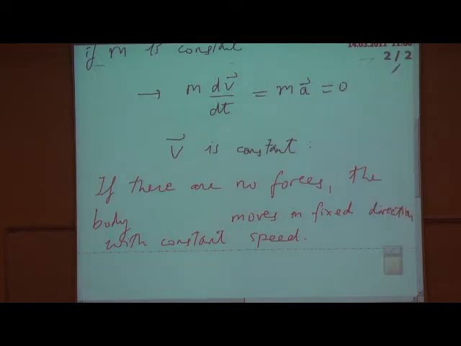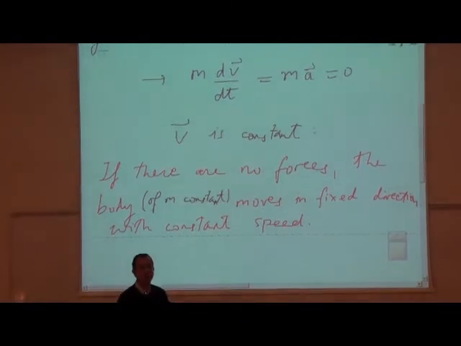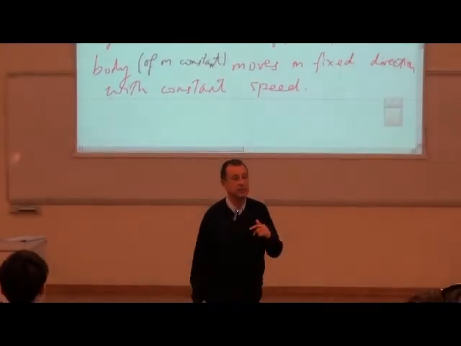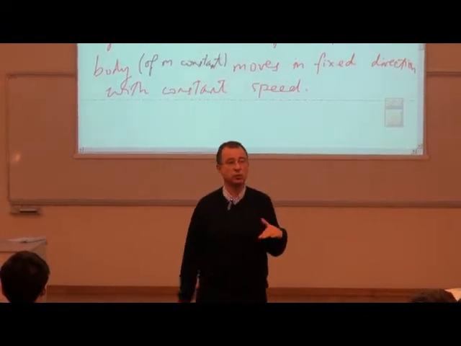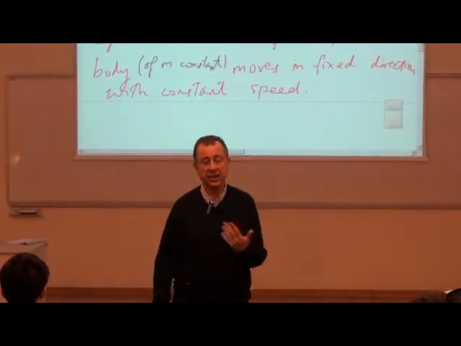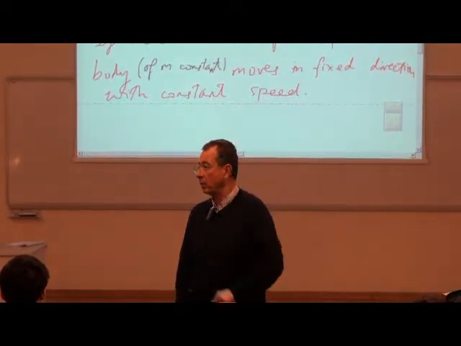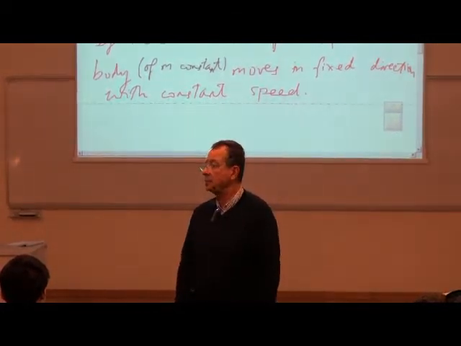And let's remember, this applies to bodies of constant mass. Okay? Now you can think of motion of some objects which, when they are moving, lose mass or gain mass. Can you think of some examples of objects whose mass changes when they move?